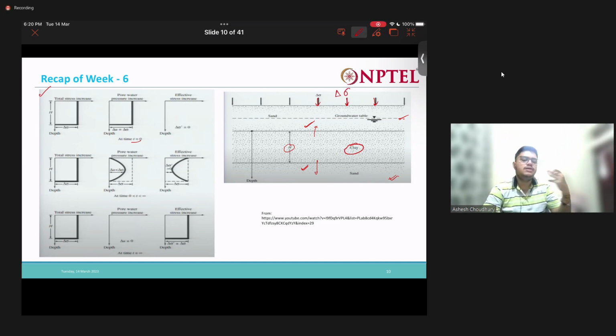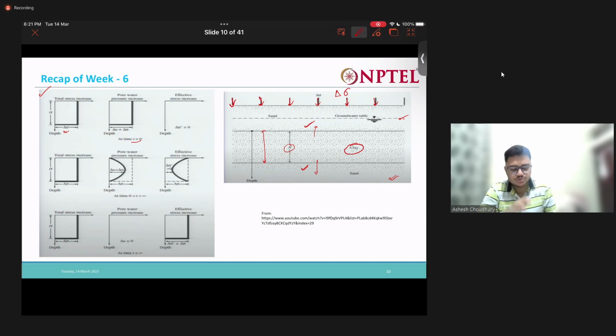Delta sigma is the increase in stress due to some agent. At time t equal to 0, as soon as you apply the delta sigma, let us see the scenario. My total stress is equal to delta sigma along this depth.